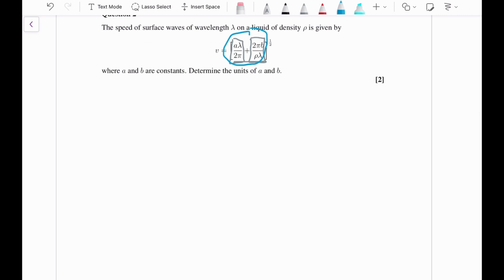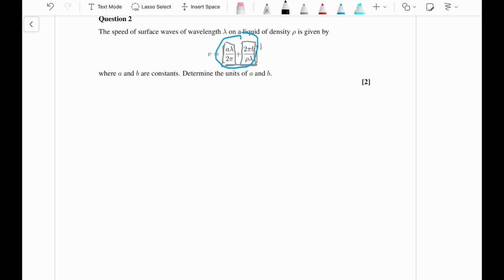So first of all, how do you determine the units of either term? We can look at the other side of the equation. What we know is that the bracket is basically equal to v to the power of 2, because initially it's to the power of a half.